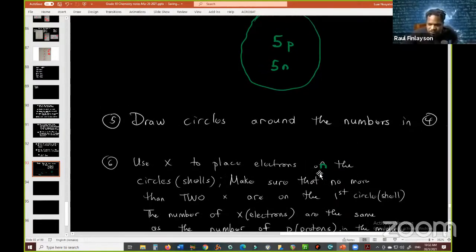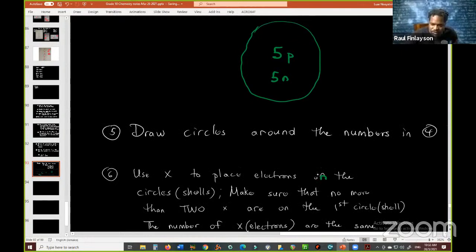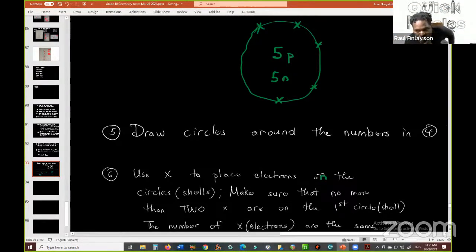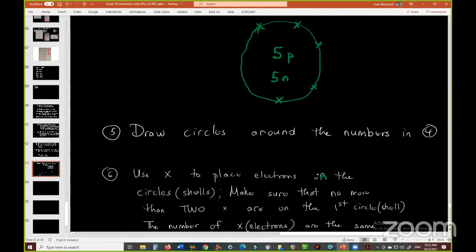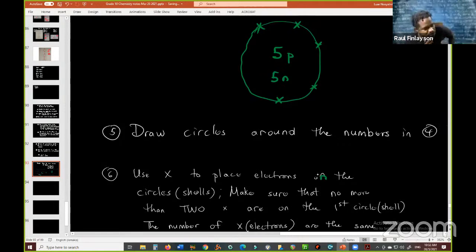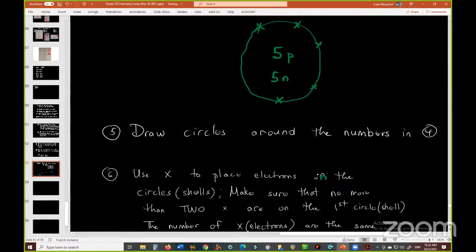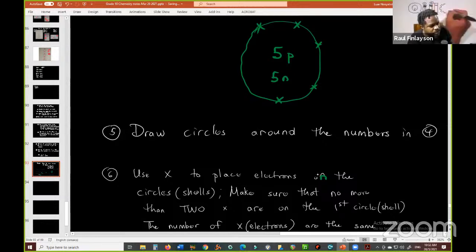All right, but then they say, so do I do it like this then? Do I just do this and it's finished? Is that correct? No, sir. So what should I have done? You put 2 on the first circle and on the next circle I put the other 3. I hope everybody is listening to that.